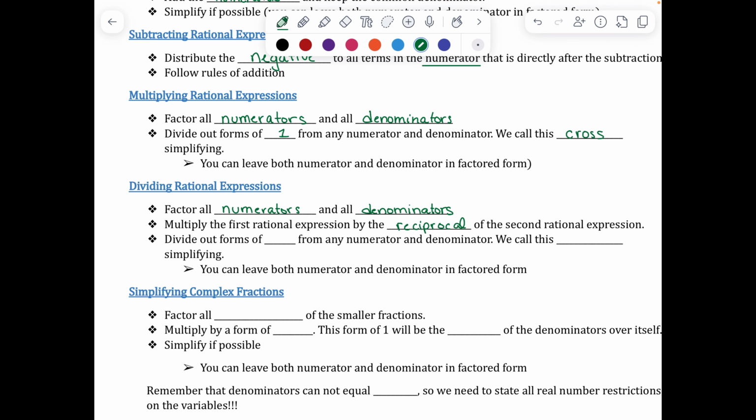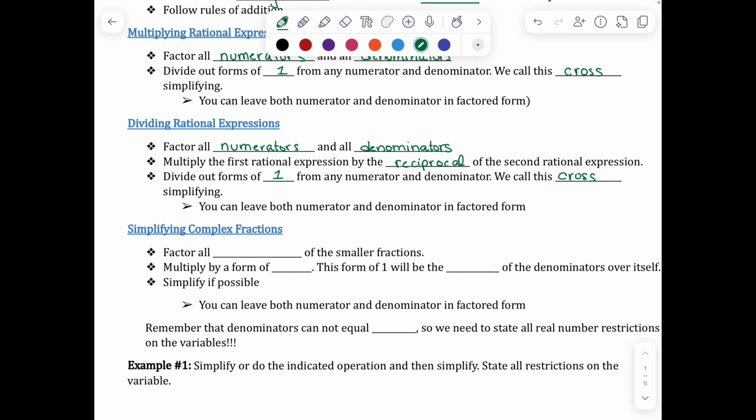So we talked about this as keep, change, flip, right? We can't divide when we have fractions. We have to multiply by the reciprocal. Then again, we're just going to divide out forms of 1 like we did in the multiplying, and again, it's still called cross-simplifying. Again, we can leave that numerator and denominator alone.